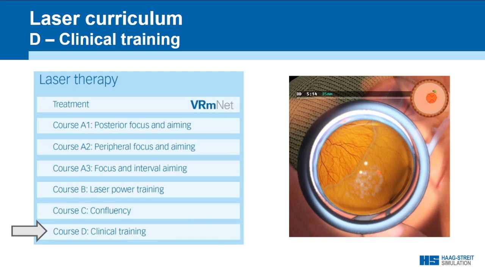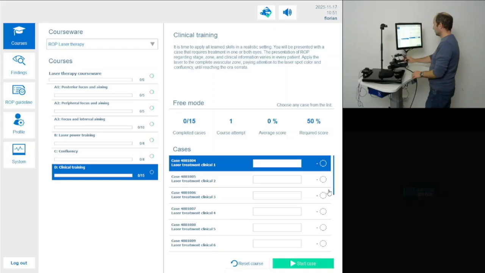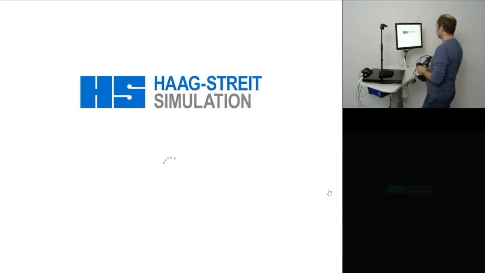And finally, we have course D, the clinical training. Now you really have a baby with ROP and you have to treat the whole avascular retina. First task of D, clinical training.